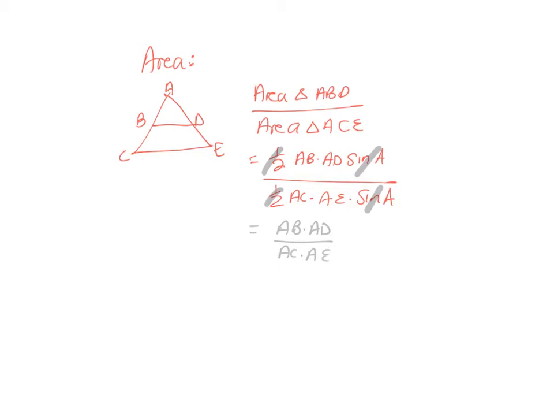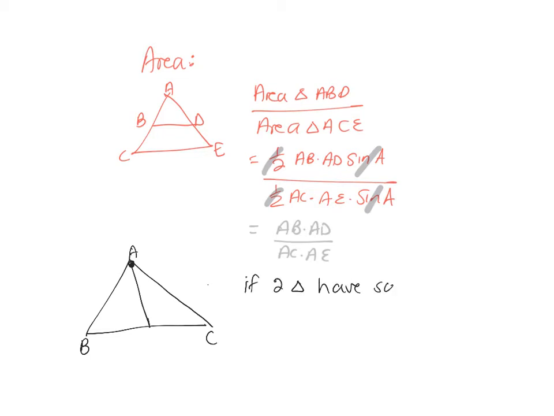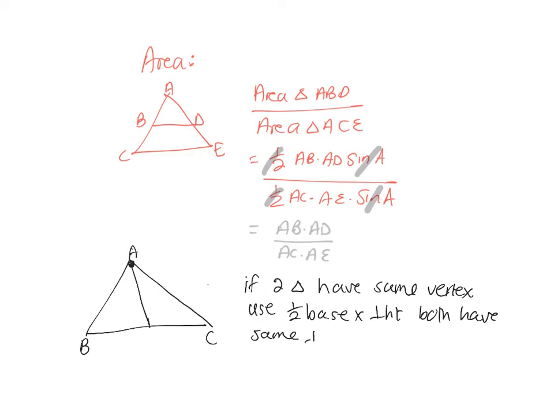All right. So then area can come up also if we have a triangle ABC and they have the same vertex, the same corner. In this case, we won't use half AB sine C. We won't use the area rule. If two triangles have the same vertex, which means corner, then we use half base times perpendicular height, because they both have the same perpendicular height.